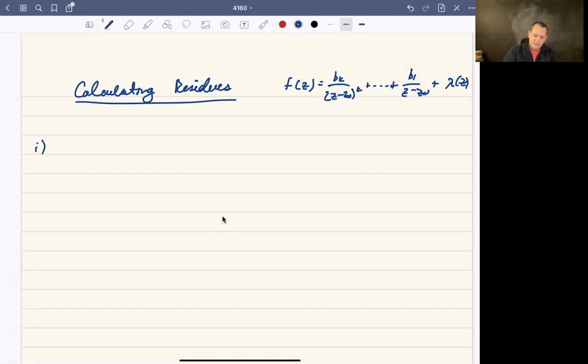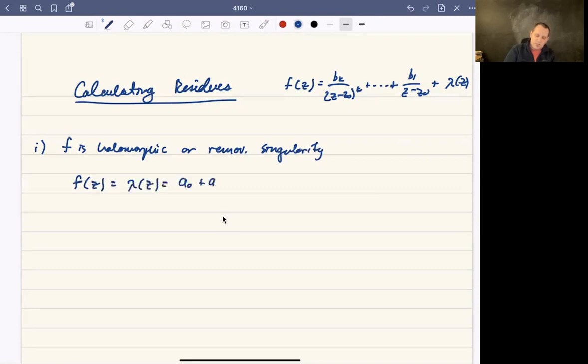What's going to happen there? So if f is holomorphic or has a removable singularity, what's going to happen is that your function is just going to be this analytic part. It's just going to be this lambda. So it's going to be a0 plus a1 (z minus z naught) plus a2 (z minus z naught) squared, and so on.